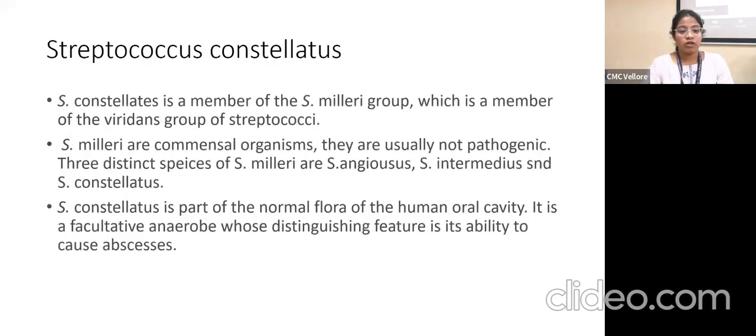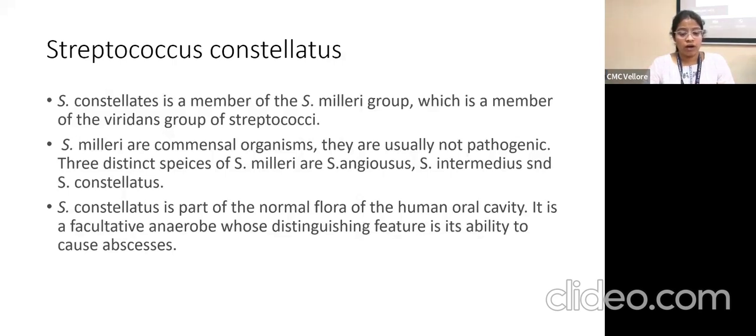A little bit of information about Streptococcus constellatus, which is a distinct species of the Streptococcus milleri group, which is a member of the Viridans group of Streptococci. Other than constellatus, there are two other species included in the Streptococcus milleri group, which are anginosus and intermedius. All of us have come across the anginosus group, which usually presents with dental abscesses, and can also present with prosthetic valve endocarditis.